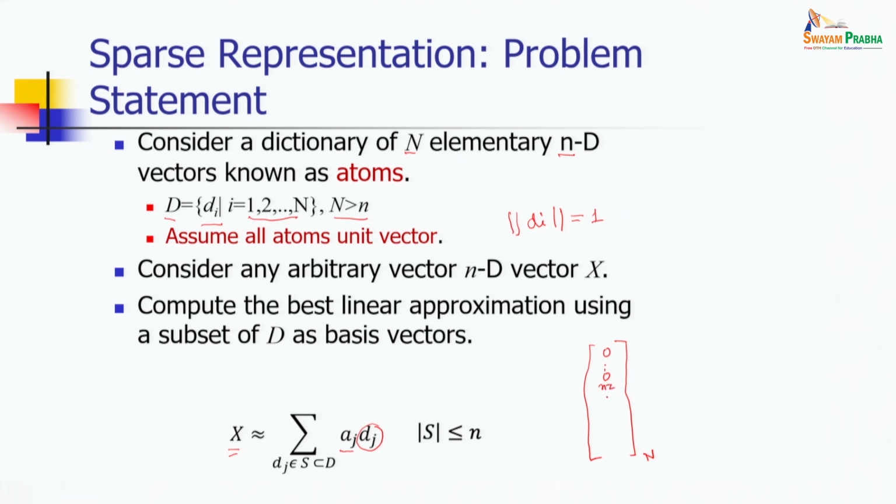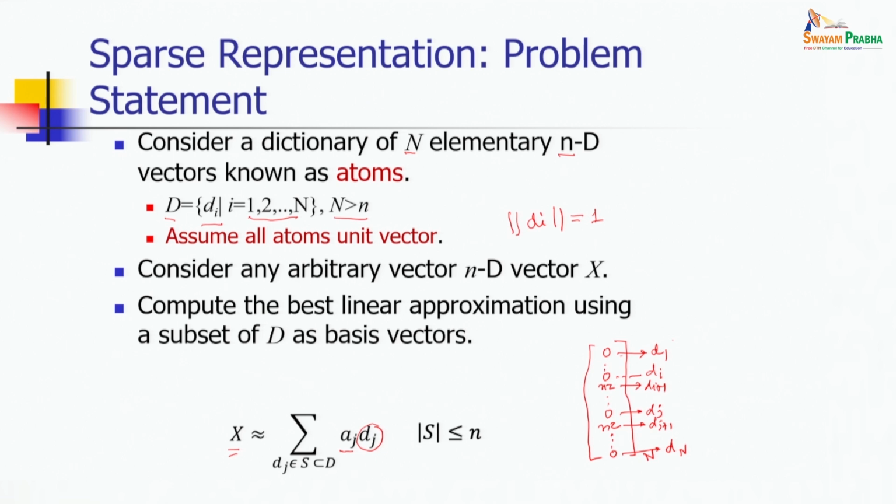So I am writing nz to denote non-zero. Say this is 0, which means this coefficient corresponds to d1, and say this may be some ith index, so this should be di plus 1. Say this may be the jth index, this should be dj plus 1, and this is dn. So these are the set of atoms in a dictionary.